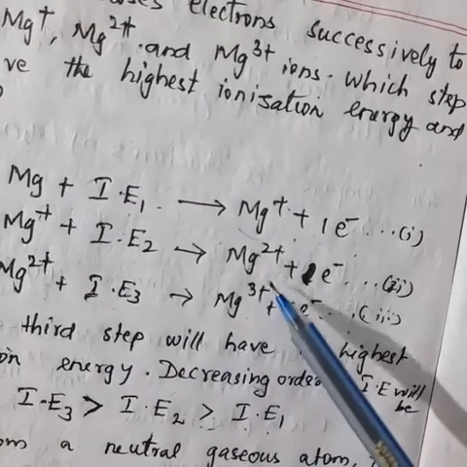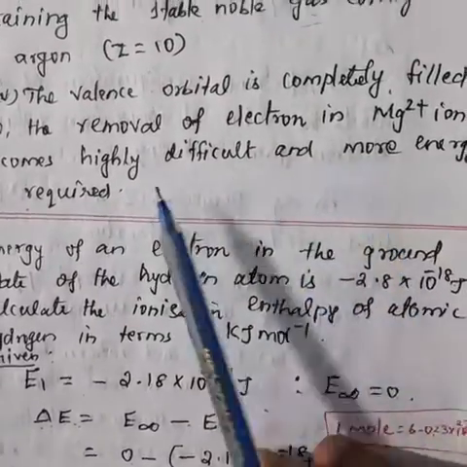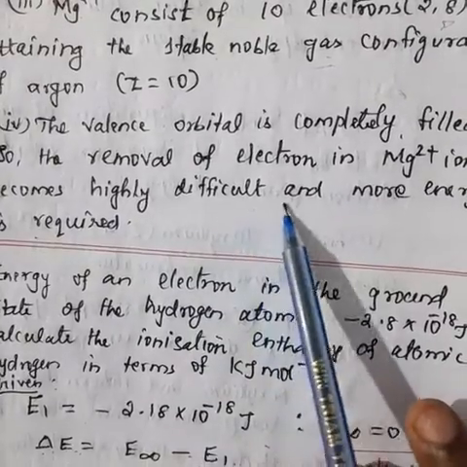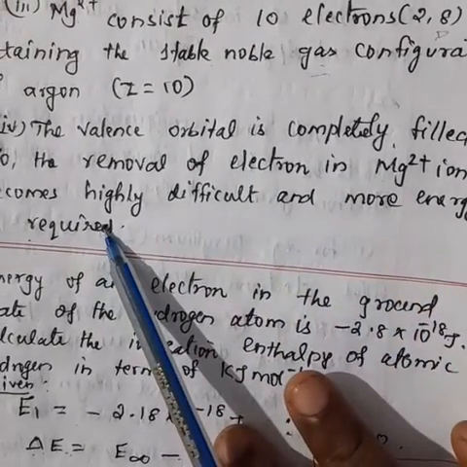The fourth point: the valence orbital is completely filled, so the removal of an electron from the Mg2+ ion becomes highly difficult and more energy is required. Understood? This is the 28th question.